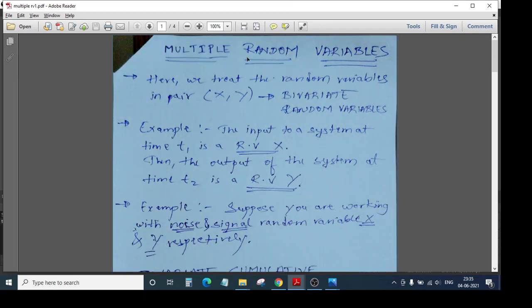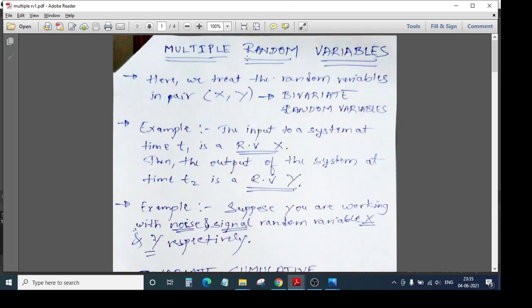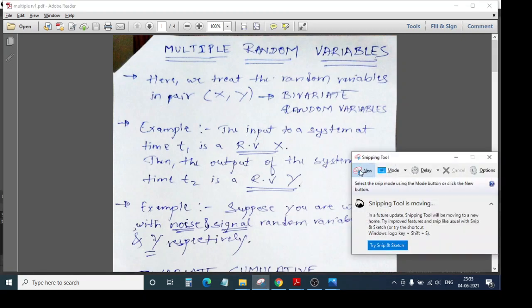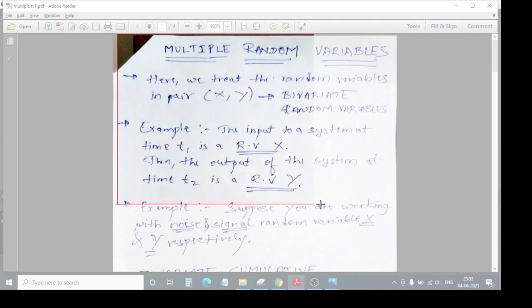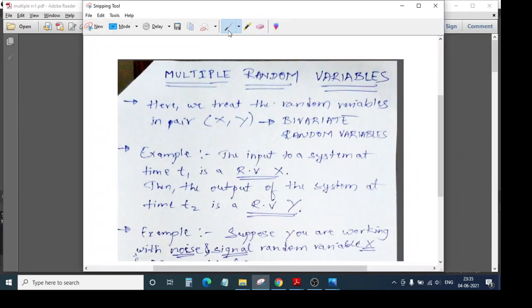Okay. So in order to understand multiple random variables, one very important thing we all should know is our CDF and PDF equations. If you remember, your CDF is given by capital F of small x, that is F_X(x).